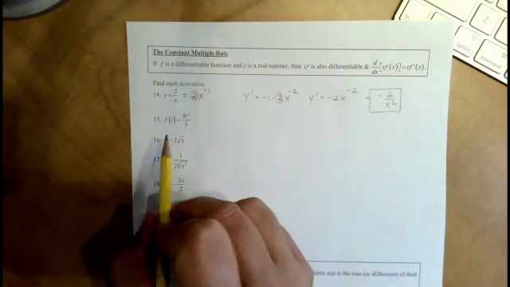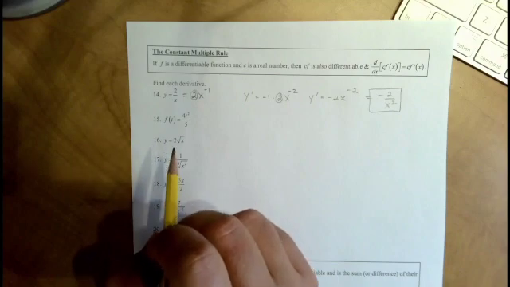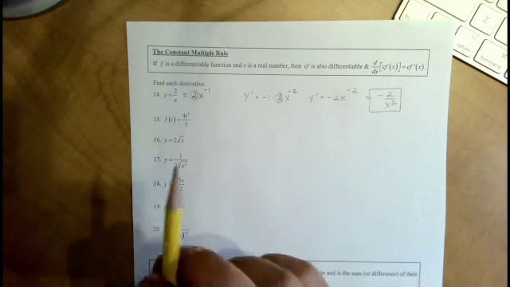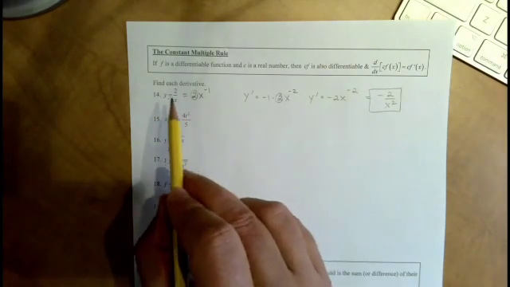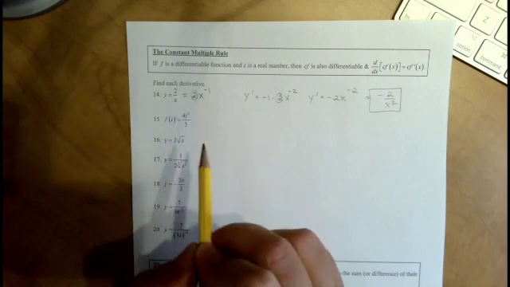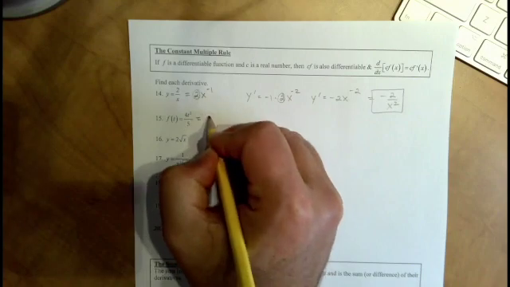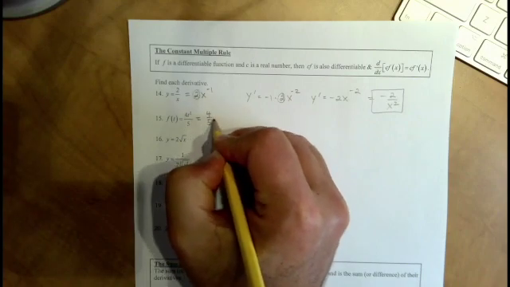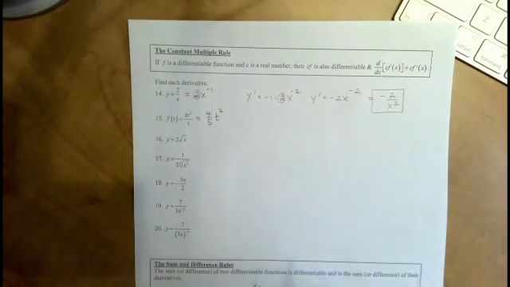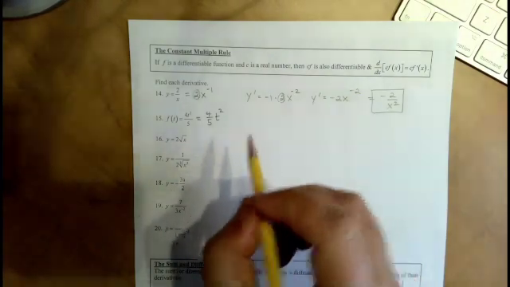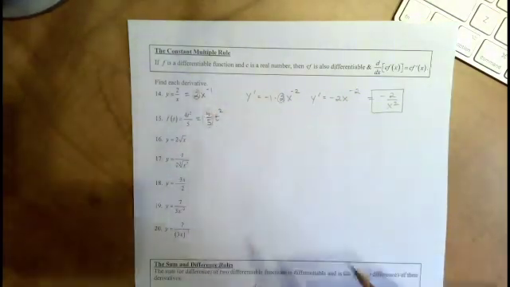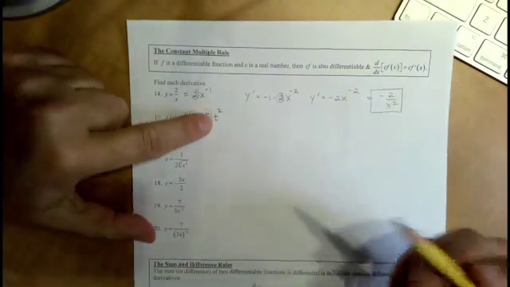In this one, I feel like the constant is not clearly identifiable like it was in the first one. This 2 just jumped right out at us. So what I'm going to do is rename this as 4/5 t squared. I just feel like that looks a little bit better. So our constant is 4/5. I'm going to just ignore it for a moment.